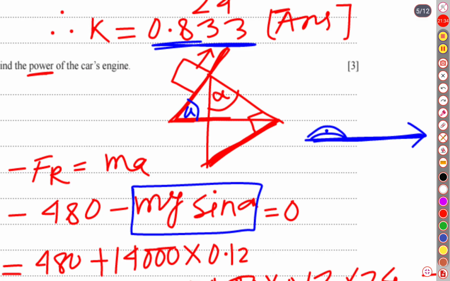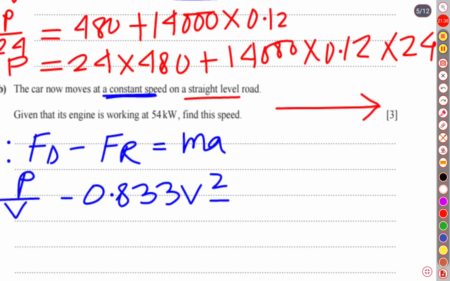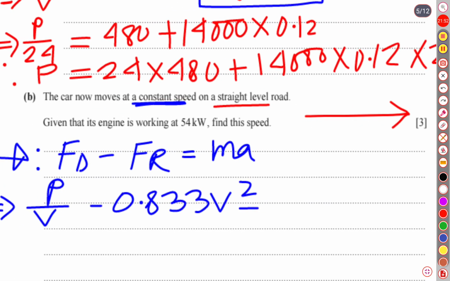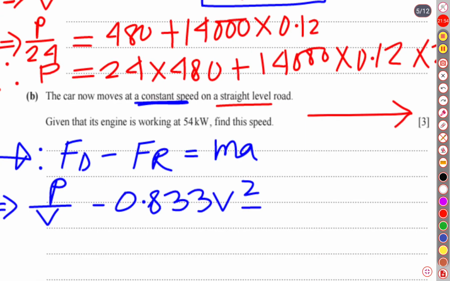So instead of sin alpha we will write sin 0, because in the previous case the car was moving at an inclined angle of alpha. Now the car is moving on a straight level road, so here it is no more alpha, it is actually 0 degrees.